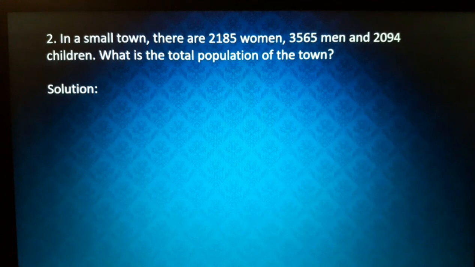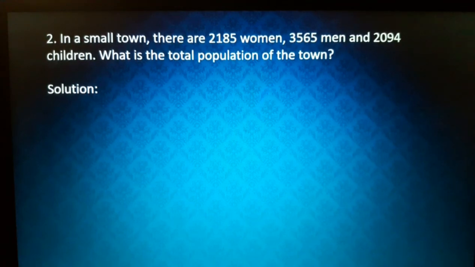There are 2185 women. How many women? First information, 2185 women, 3565 men. How many men? 3565 men, and 2094 children.